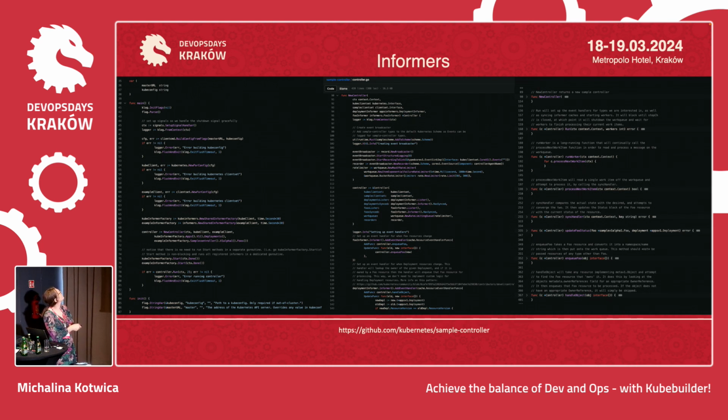Okay, so this is the main in the sample controller. Not really much bigger than in Kubebuilder, right? But here I have so many chained things, and here is my controller. Much bigger than the other one. What are those things? Those are these informers. But why do I need so many informers? Oh, right. Because I have 2 resources on my cluster, so I need an informer for each one of them.